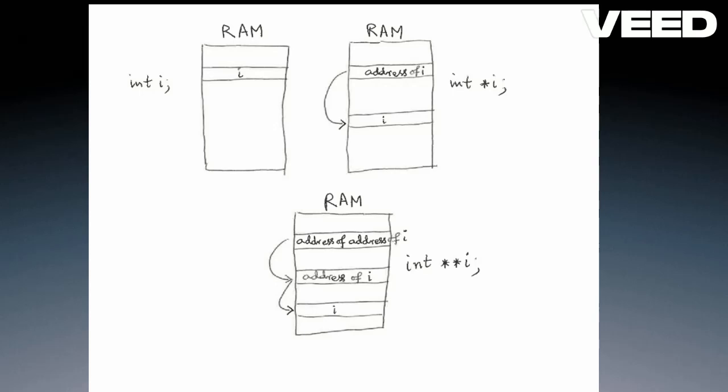When we are declaring a pointer, we have only the space for that pointer. We don't have space for the variable yet. So once we allocate that space, as we have seen using malloc, we have space for that variable, and now this address will point to that variable.